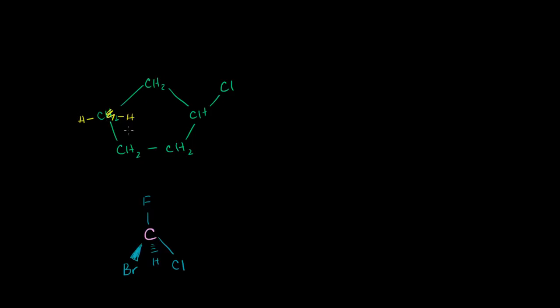So none of these CH2s are good candidates for being a chiral center or a chiral carbon. All of them are bonded to 2 hydrogens and then 2 other very similar looking CH2 groups. Although you have to look at the entire group that it's bonded to, they're all definitely bonded to 2 hydrogens. So it's not 4 different groups.